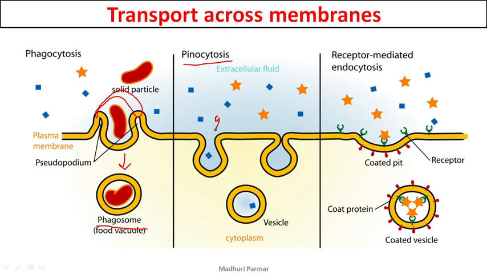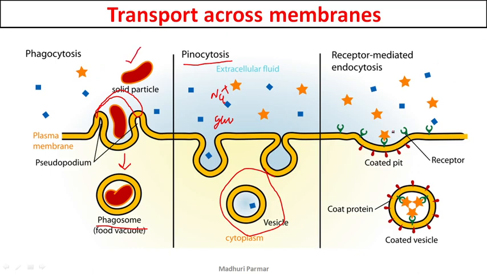For example, if there is glucose outside or sodium outside, these are not solid particles, they are dissolved in water. So the cell just takes up this fluid and forms this sort of vesicle. This is cell drinking. Pinocytosis is taking up fluid, phagocytosis is taking up solid particles.